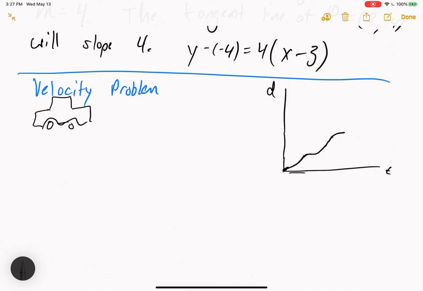And then you eventually turn onto the highway where you're now moving like 50 miles an hour. So now you're moving a lot faster, so you cover more distance in a smaller amount of time. And this right here would be how you measure the distance as a function of time.